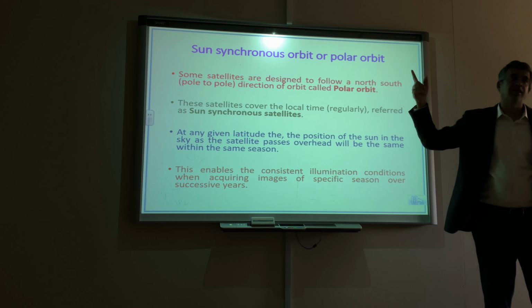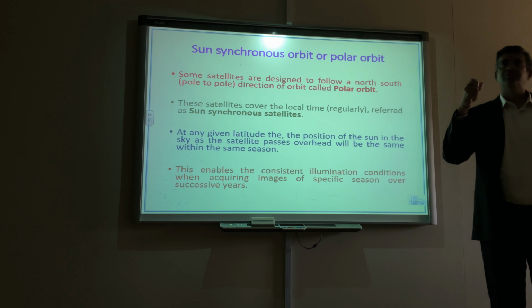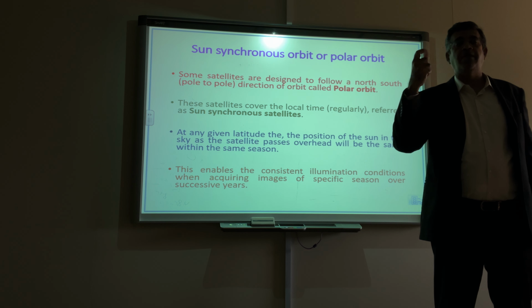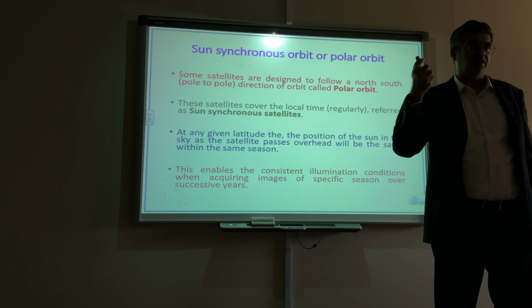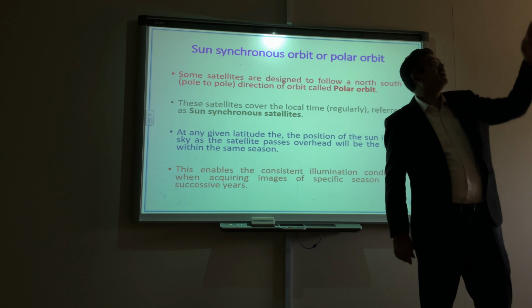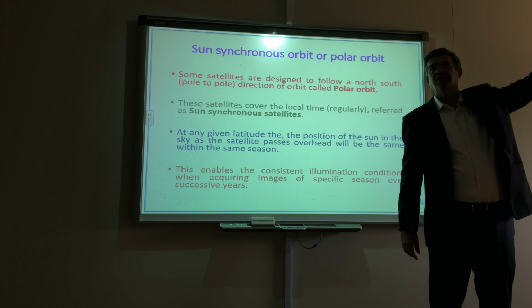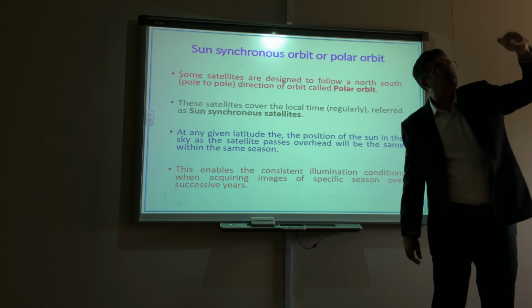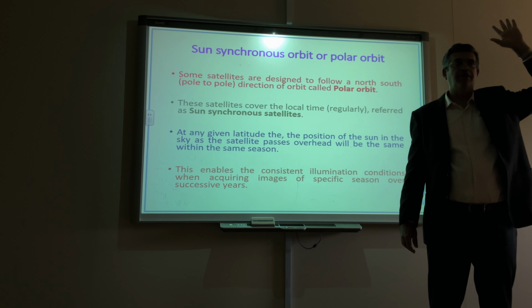Now this one is sun synchronous. The position of the satellite is synchronized with the timing of the sun. So if at 10 o'clock in the morning the satellite is in this position, next day again at 10 o'clock, at another place the satellite will be in the same position.